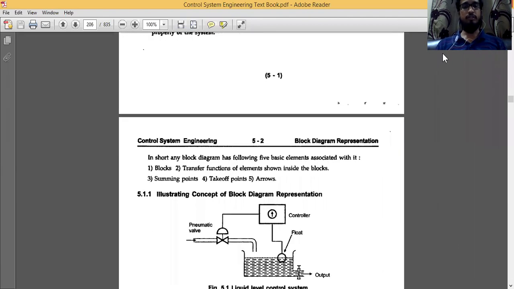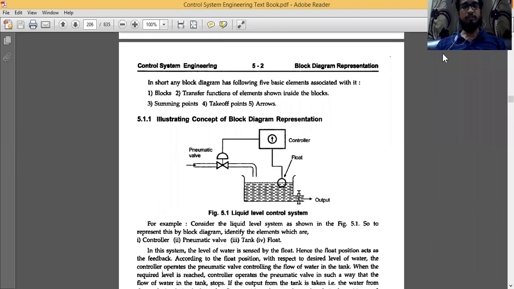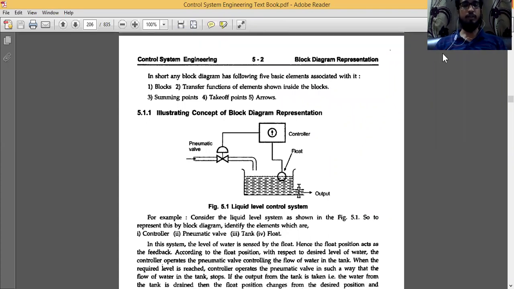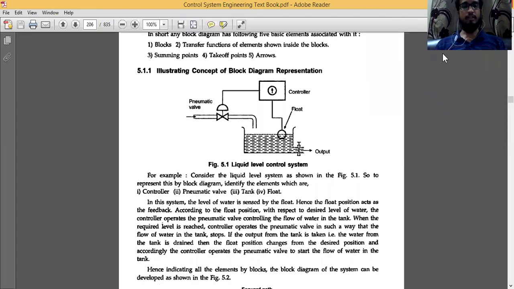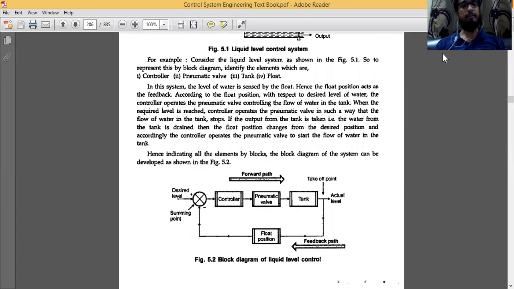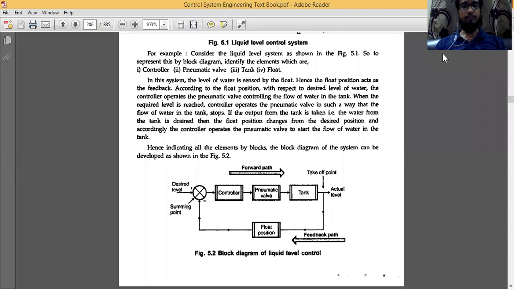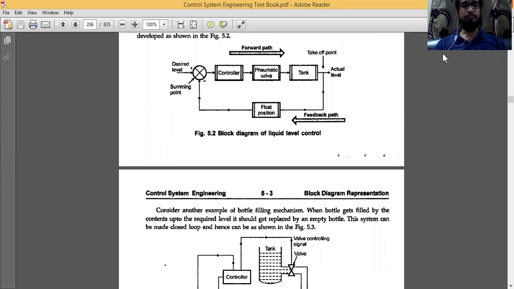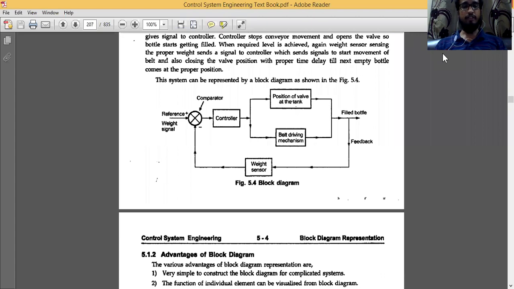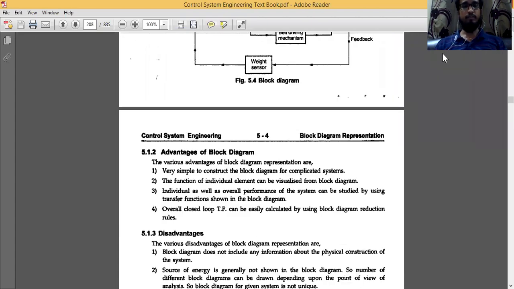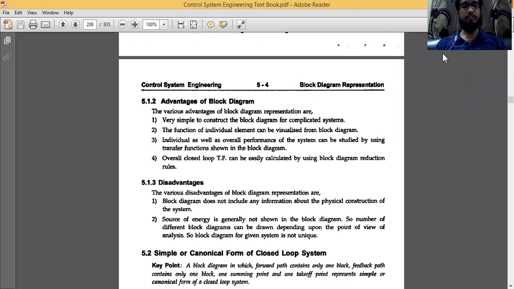Later we saw a simple block diagram example, the pneumatic valve filling of water, and the liquid level control system, which I converted into a block diagram. Then we saw the various advantages and disadvantages of the block diagram.